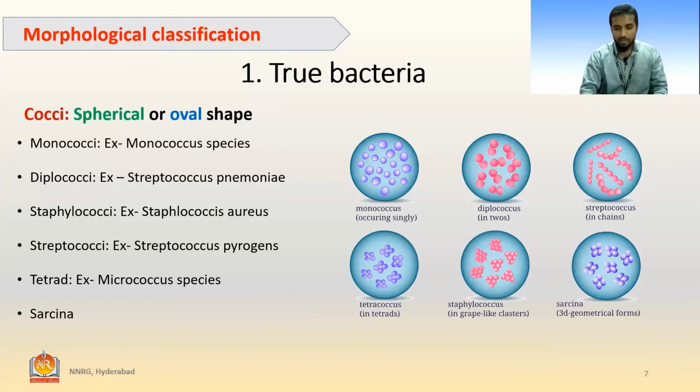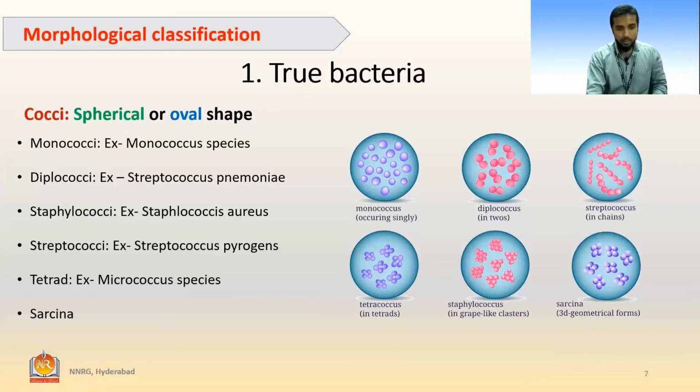So that will be a Sarcina, and basically it has around 8 cells attached to each other, or multiples of 8. It could be 8, 16, 32, and so on. So that will be Sarcina. Let us have a quick recap. Cocci means spherical or oval, and cocci are different types: monococci, diplococci, staphylococci, streptococci, tetrad, and Sarcina.